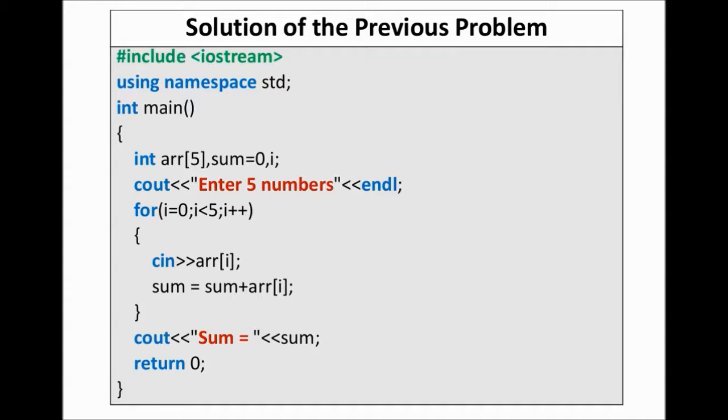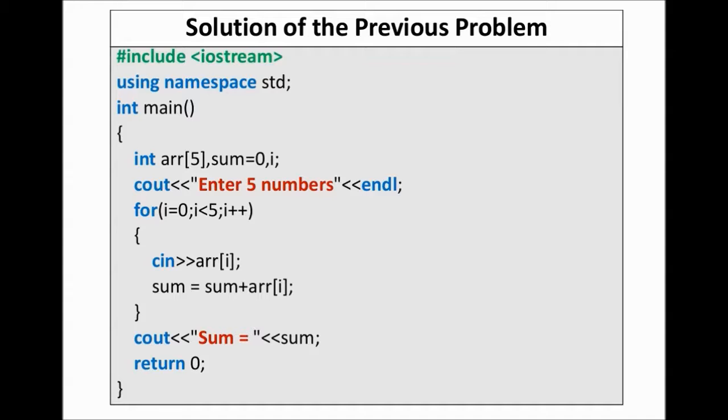In the for loop we write for i is equal to 0, i less than 5, i plus plus. Then we use the cin object to enter the marks in this array. We write cin array i, where array is the name and i is the index value of this array.